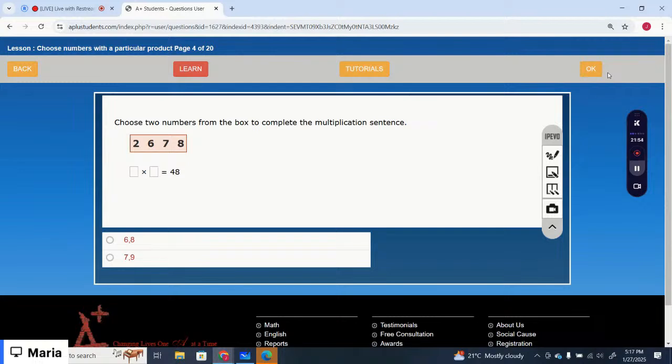Choose two numbers from the box to complete the multiplication sentence. So which two numbers have the product 48?